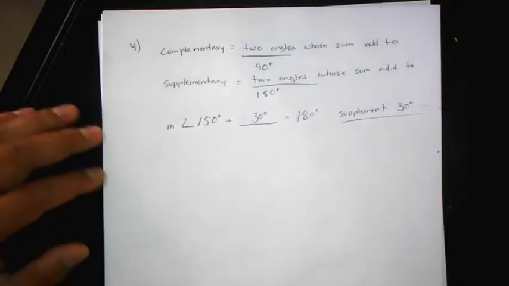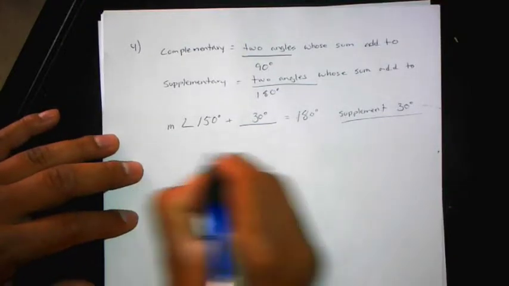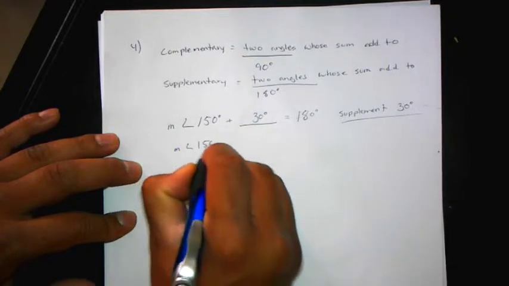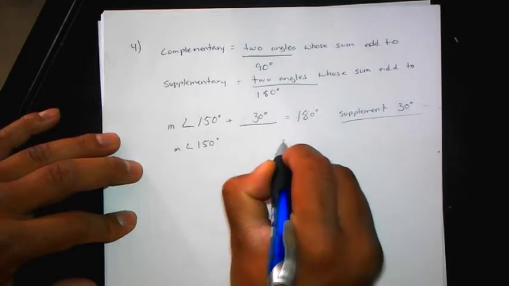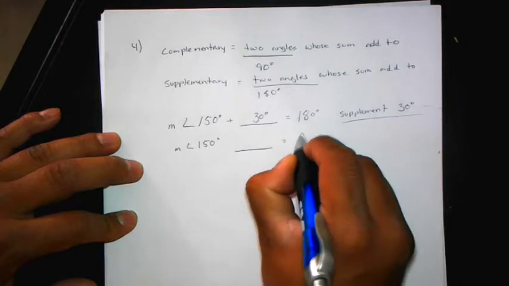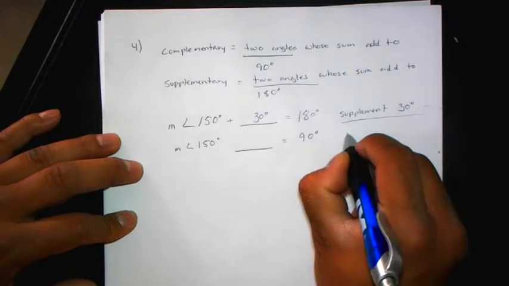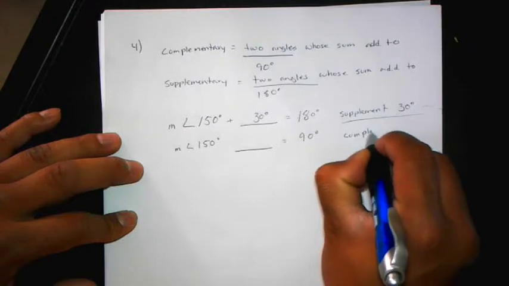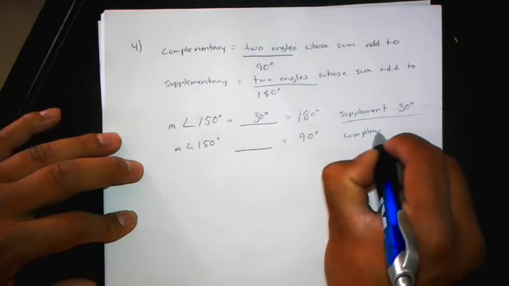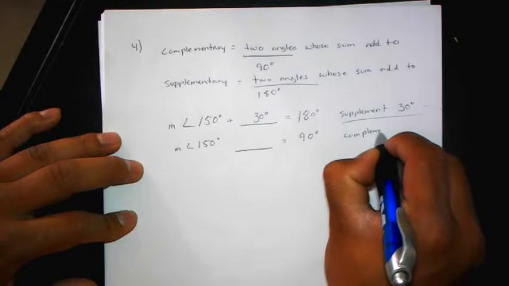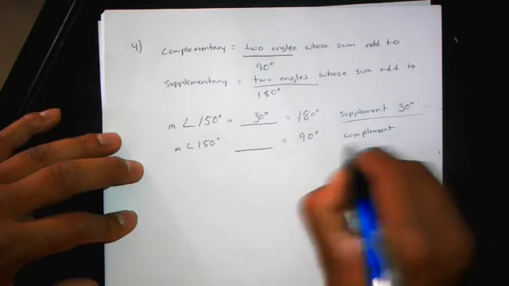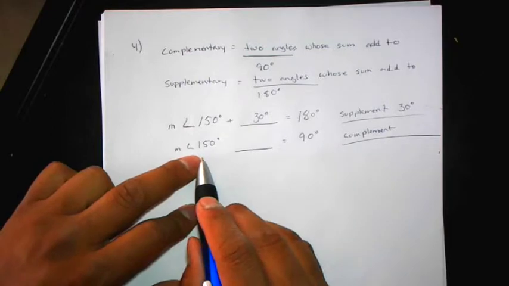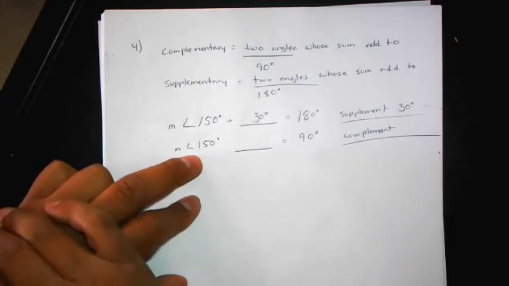Now the tricky part, again, is the measurement of angle 150 degrees should give me 90. So what would be the complement? What number would give me 90 from 150 degrees?